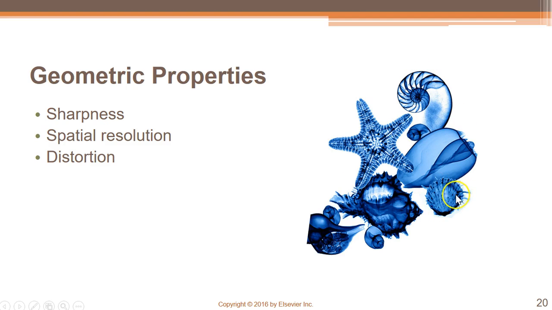This is a different shell, and it's not just the way it's shaped, it's the density of each one of these that makes them different. If we have the appropriate exposure factor, then we can see the sharpness and the spatial resolution of all of these different attributes of these shells.